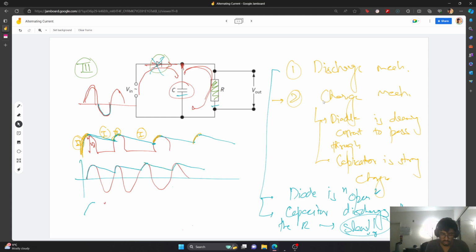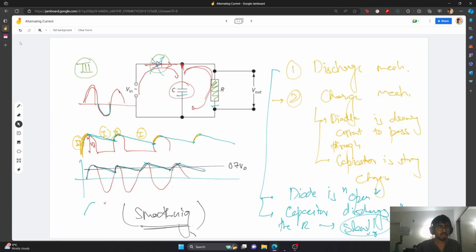Ideally we want a constant voltage at around 0.7 V0, but what we get is these sloping lines, which is close enough. There are more advanced techniques to smoothen this out. This is called smoothing, and this is the key idea here.